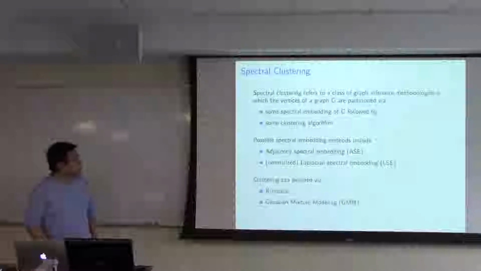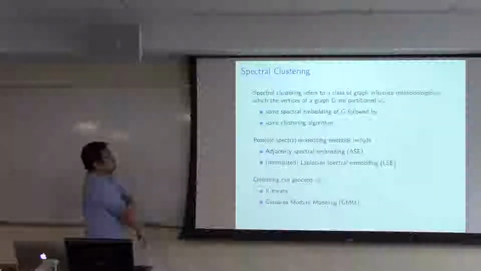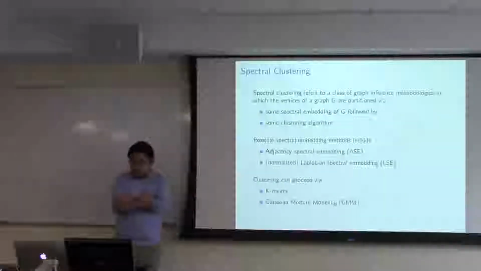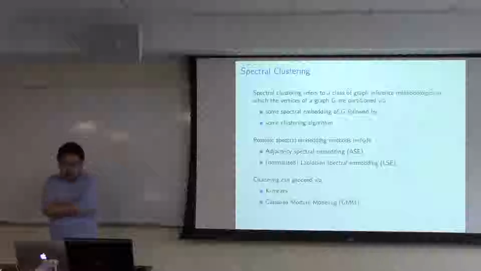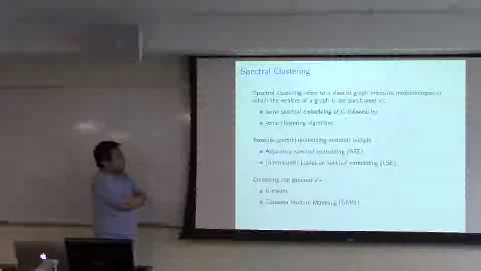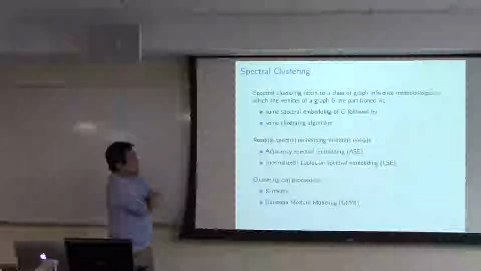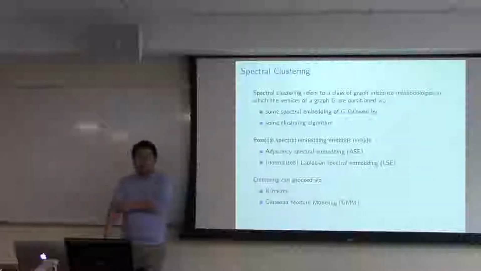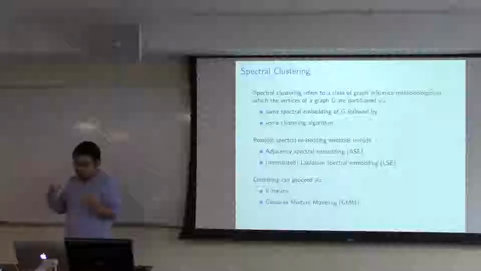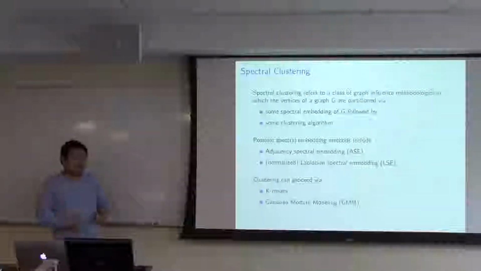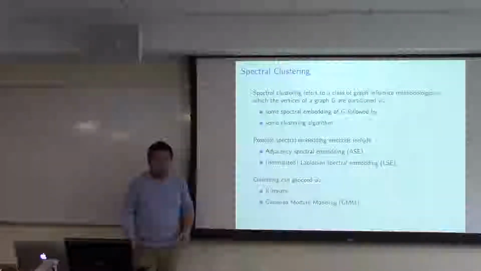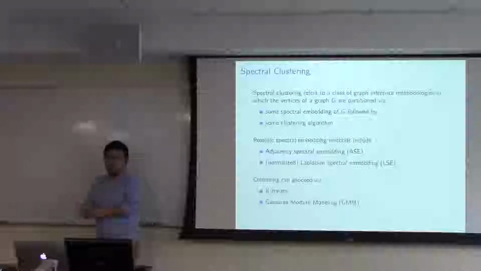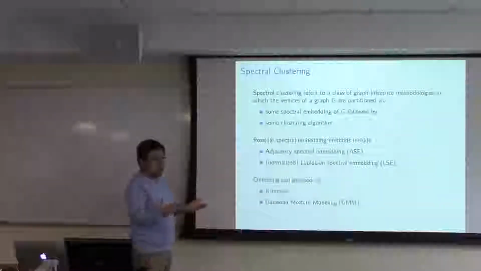And so the main algorithm I will concern in this talk is what we call spectral clustering, which refers to a class of inference methodology for partitioning the vertices of a graph by doing 2 steps. First, I do a spectral embedding, which means I take the graph, the adjacency matrix, and find a low-rank representation. So if the graph has n vertices, I hope to find a collection of n points in d-dimensional space for some d much less than n.